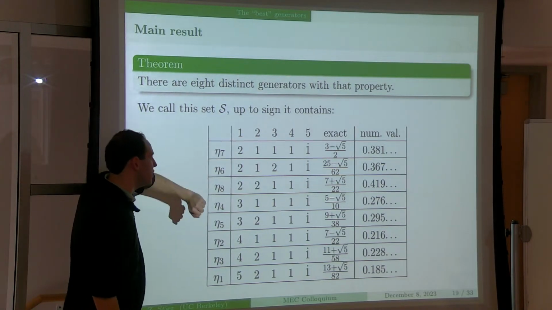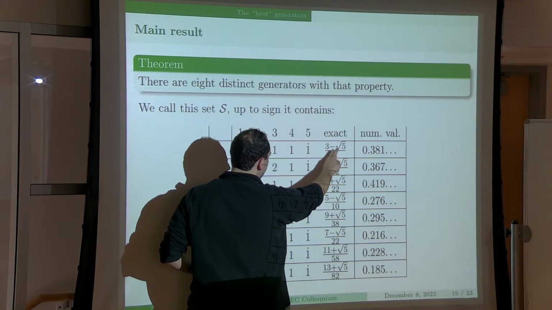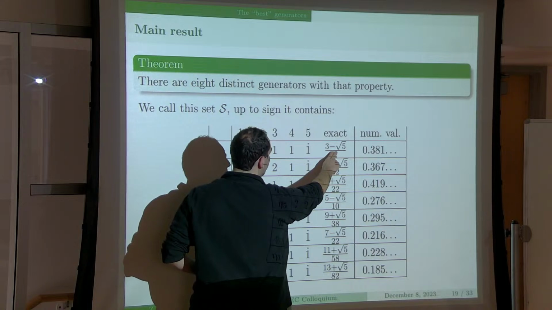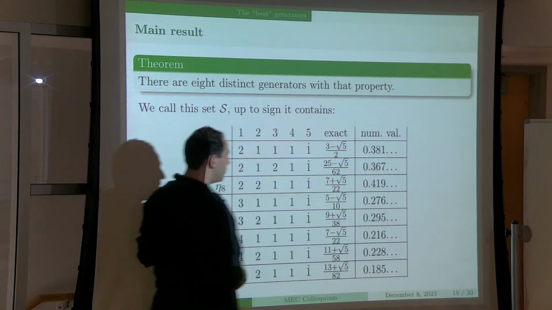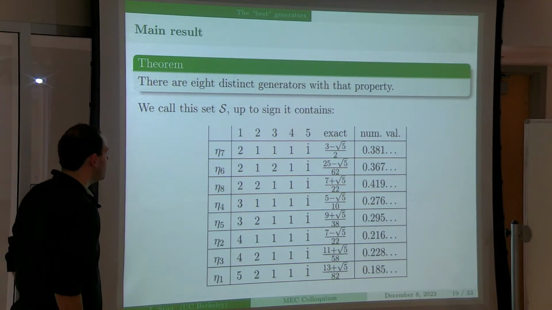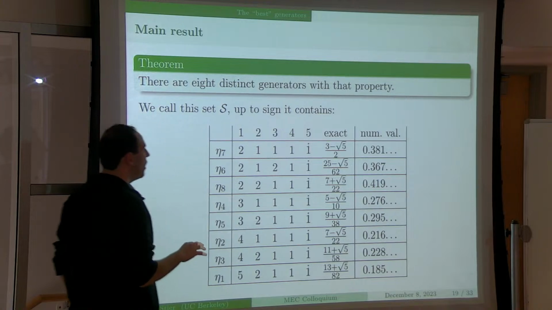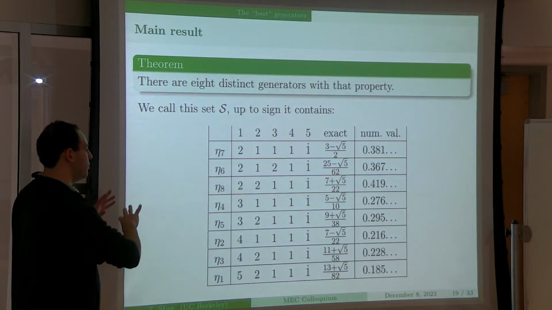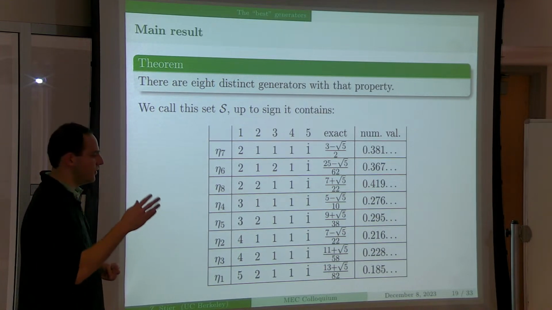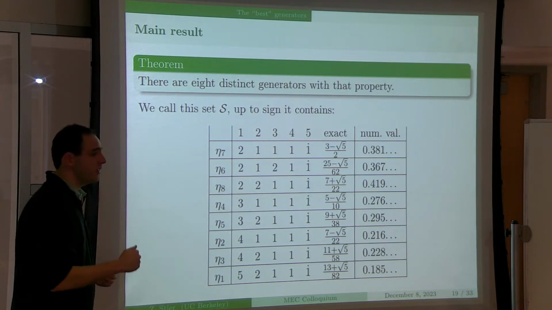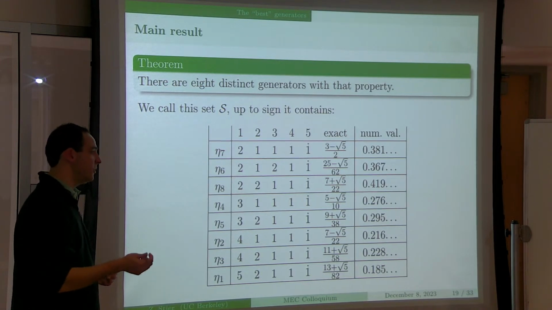So this one is a golden ratio. So notice that this, up to negative sign and up to shifting by a whole number, is a golden ratio, because this number is 2 minus the golden ratio. So there are 8 distinct, and I say distinct because I want to draw the distinction between these generators and the further equivalence class of the same up to shifting by a whole number and up to a sign, right?